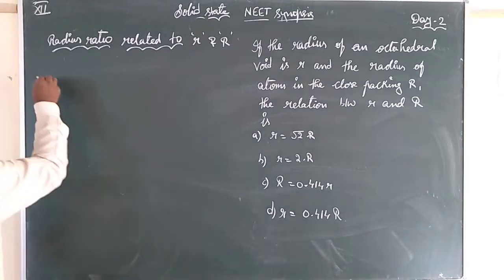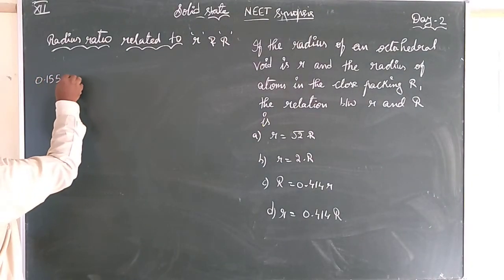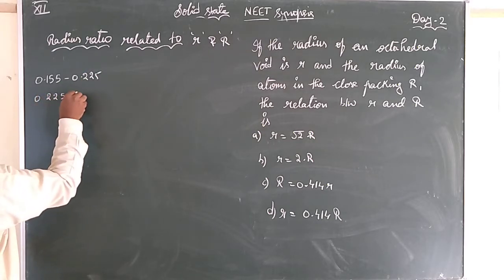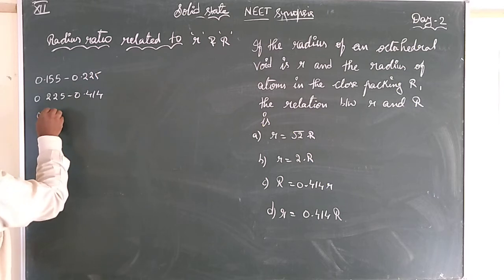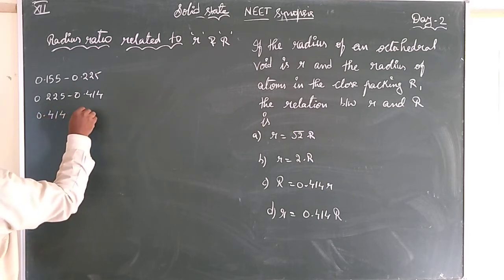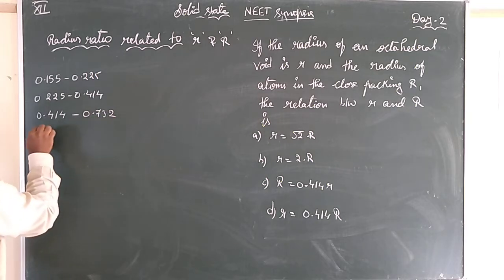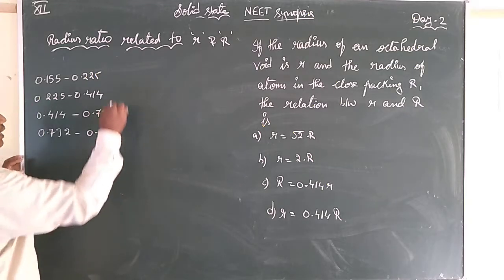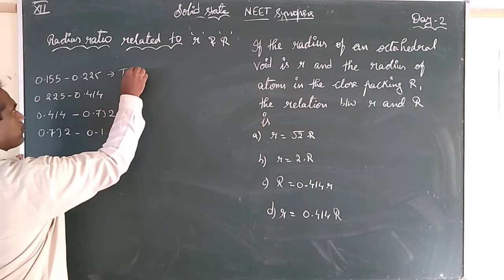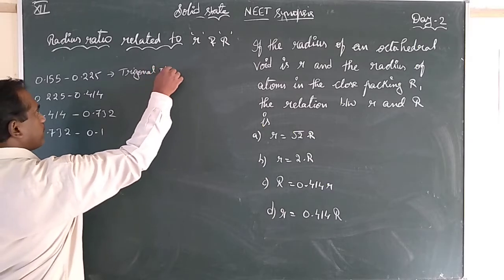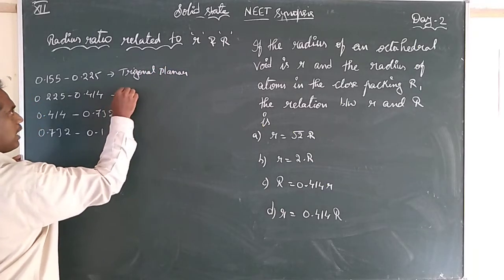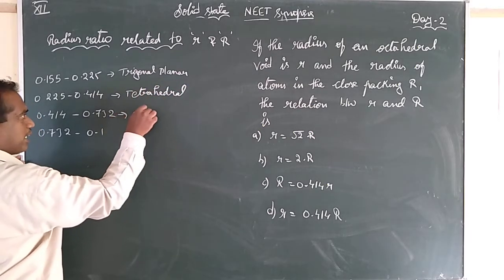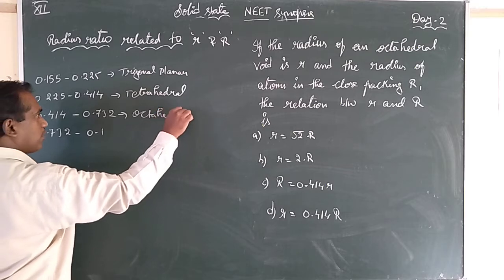I hope you remember these values: 0.155 to 0.225, 0.225 to 0.414, 0.414 to 0.732, and 0.732 to 1. The first is called the trigonal planar type system, then the tetrahedral system, whereas this is the octahedral system, and this is of cubic type.